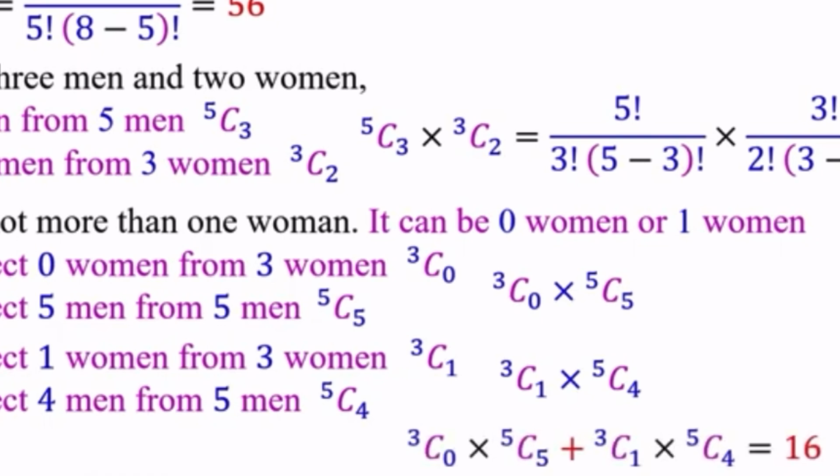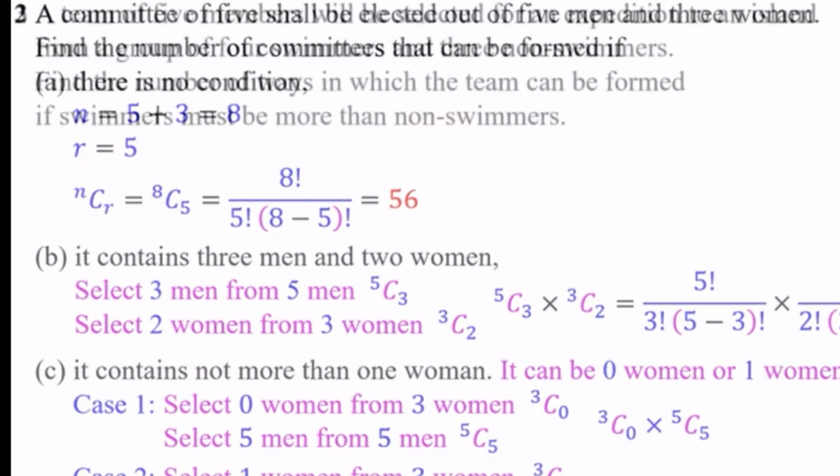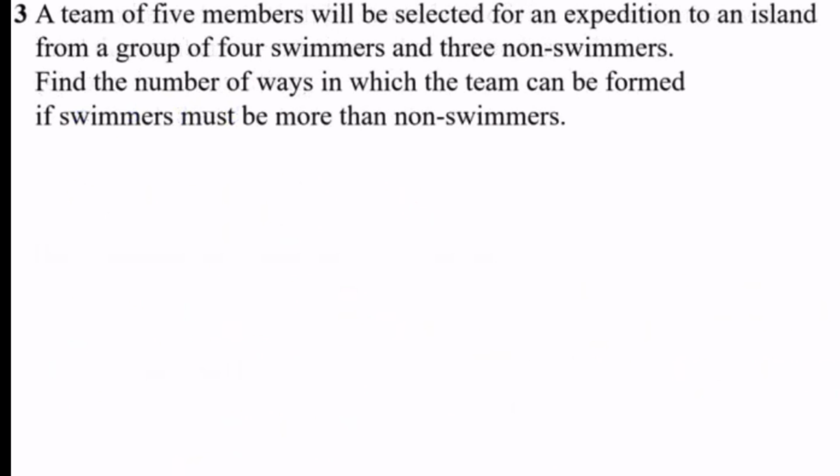Let's proceed to question number 3. A team of 5 members will be selected for an expedition to an island from a group of 4 swimmers and 3 non-swimmers. Find the number of ways in which the team can be formed if swimmers must be more than non-swimmers.